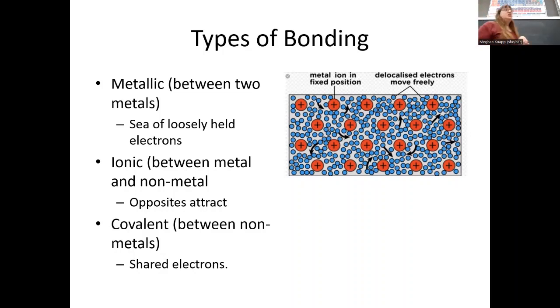Okay, so we get conductivity because the electrons are very loosely held because the atoms are very large. So remember I said that size is going to impact a lot of these things. The reason why big atoms are metallic, metallicity is defined by conductivity, and the large atoms have those electrons that are far away, so they're not attracted.